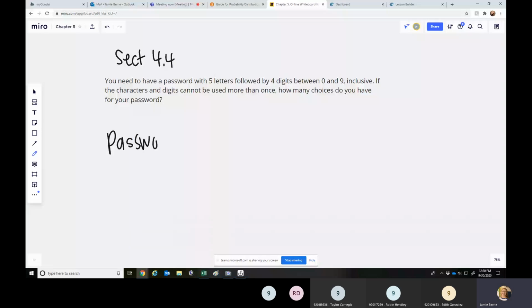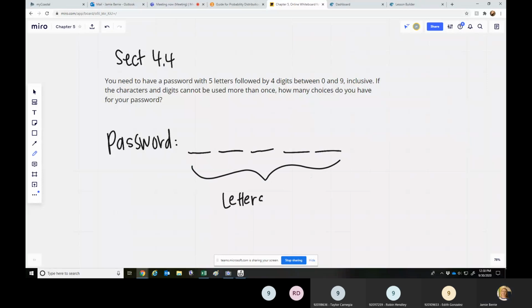Now, the way I told you guys in class, there's a way that you can do this using combinations and permutations, but to me, it's easier to do it this way. So I'm just going to write down a little blank space for each one of the characters in my password. So here's my 5 letters. These are all letters. And then I have 4 numbers: 1, 2, 3, 4.